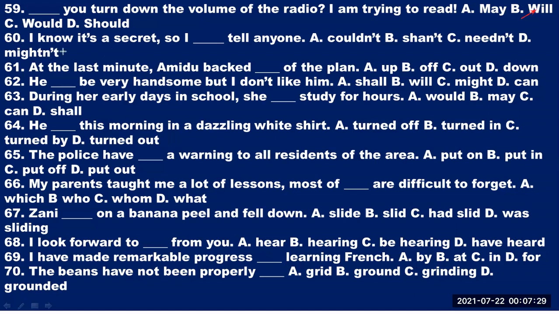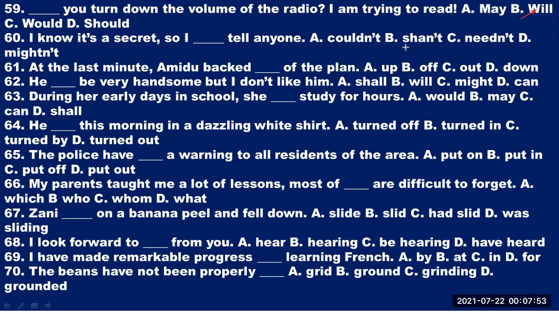Question number 60, I know it's a secret, so I dash tell anyone. I couldn't, cannot fit in because we are talking of a present tense here. Couldn't would have been appropriate if we were reporting a past action. So that is out.